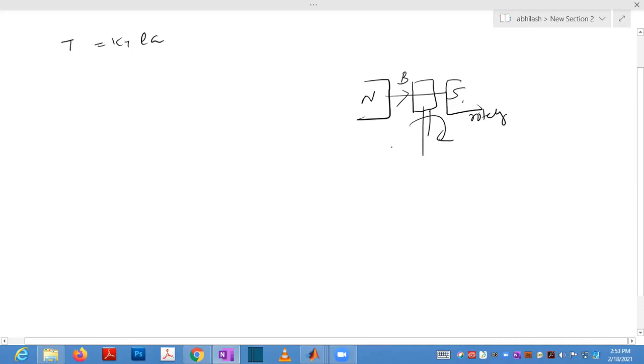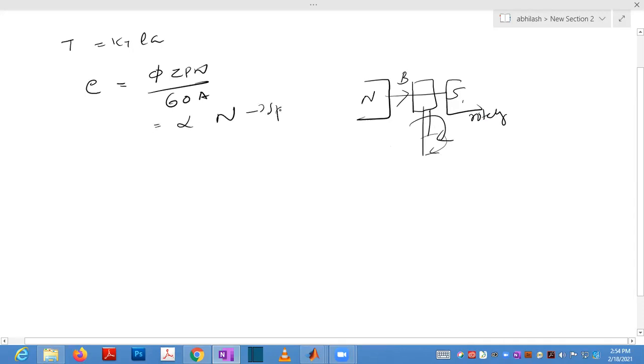So this is a magnetic field and a conductor is rotating. The conductor is rotating in a magnetic field, so an EMF will be generated. That EMF equation for a DC motor is phi Z P N divided by 60A, which is directly proportional to the speed.